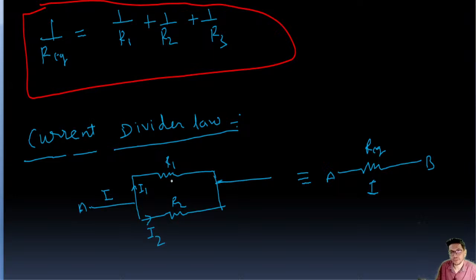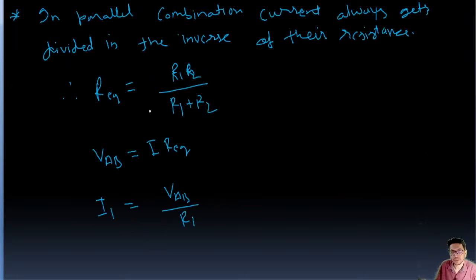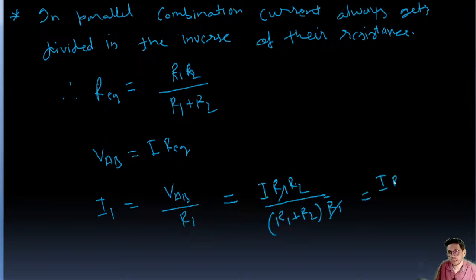We'll put the value. So this is going to be I R1 R2 upon R1 plus R2, into 1 upon R1. R1 will get cancelled, so this is going to be I R2 upon R1 plus R2. Very important formula, right? This is the I1, guys.